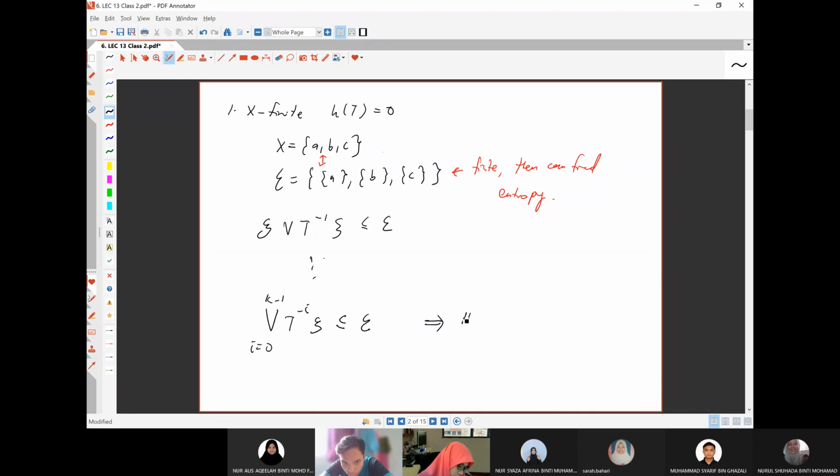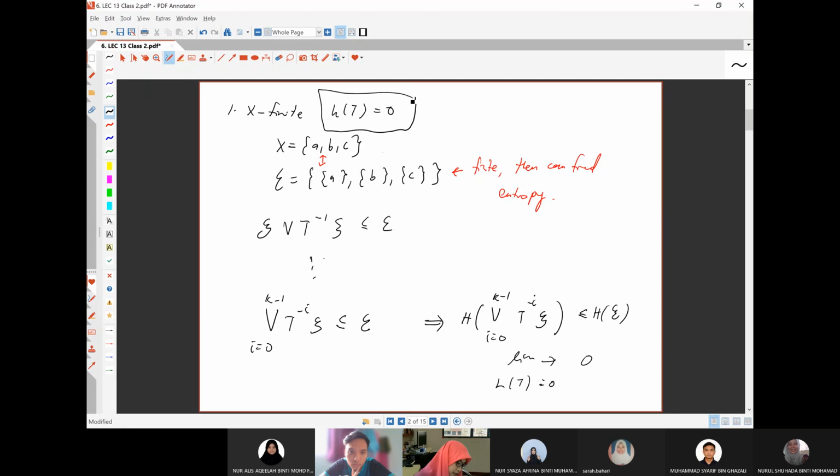So if you want to find the entropy, you find the join, right? The entropy of the join is less than the entropy of psi. Then if you take the limit here, this becomes 0. So that means your entropy of T is 0. So if the entropy of T is 0, then you can say that this is invertible.